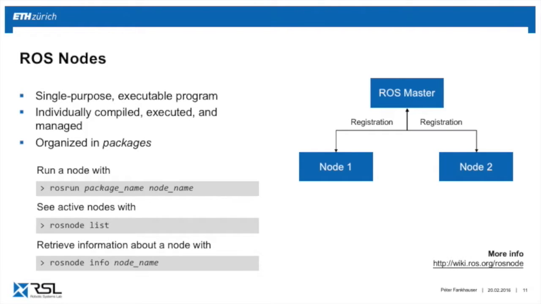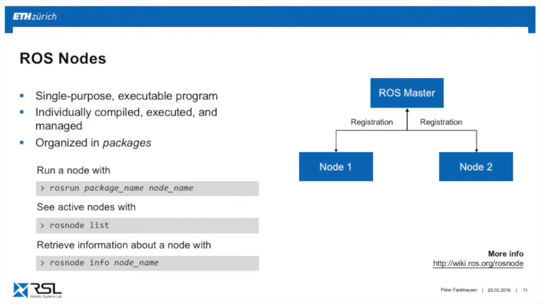A ROS node is essentially a program that runs on your PC. So it's a single purpose executable program. You can compile them individually, run them, and manage them individually. So those are the building blocks of your program. These nodes are organized in packages.